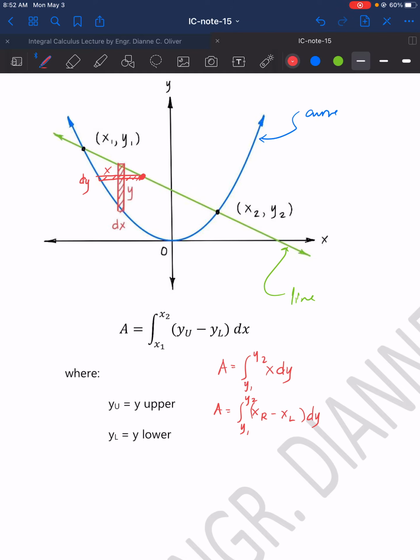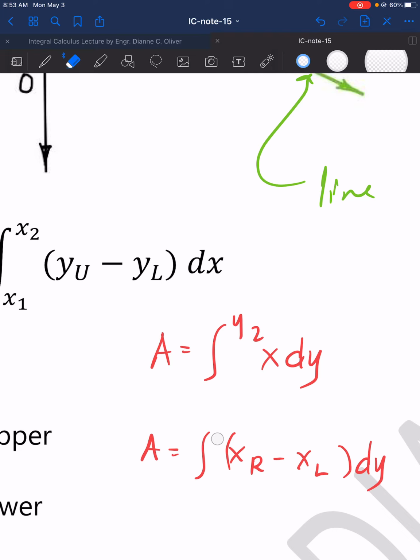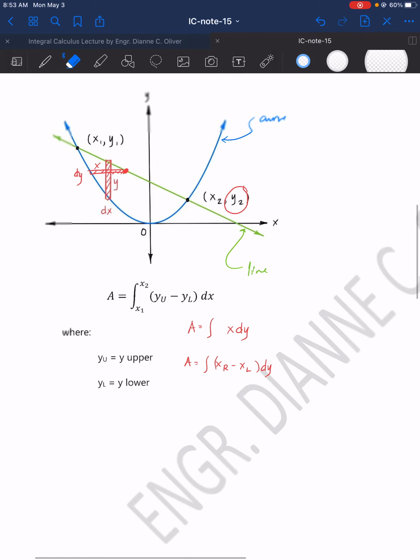The reason why we're not using it is the limits. The limits are y1 to y2. Notice that if you are using a scanner here, from the lowest to the highest, the lowest here is not y1, it's y2. So we will erase it. It's not y1 to y2, rather it's y2 to y1.